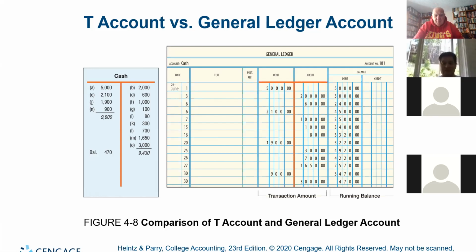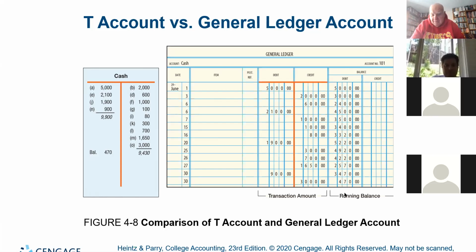Because the normal balance of cash is a debit. The normal balance represents the side of the T account, left or right, that increases. Debits are on the left, so debits increase cash, credits decrease.